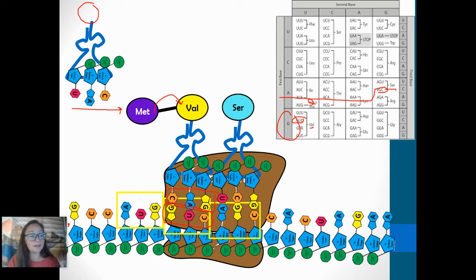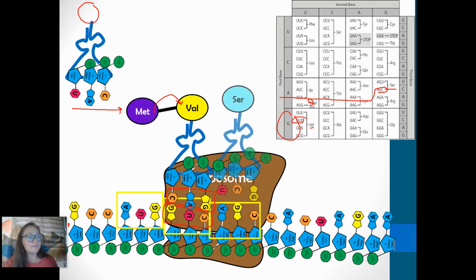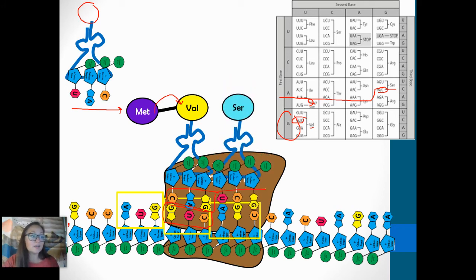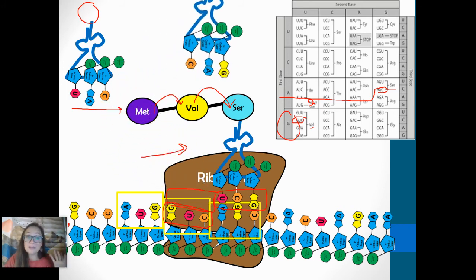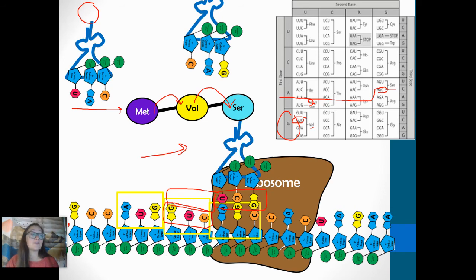So in this tRNA, we can see that we have an anticodon, UCG, that's going to pair with our codon. We also see that eventually valine was going to form a peptide bond with serine. So valine is now joined to serine. We're forming our chain of amino acids, which means now that this tRNA is going to be free and empty, basically. And then the ribosome is going to move down to the next codon.